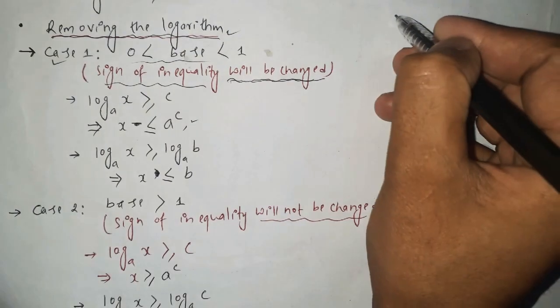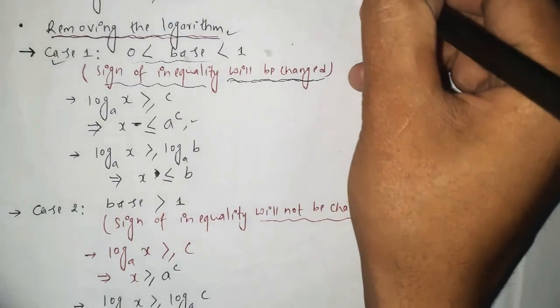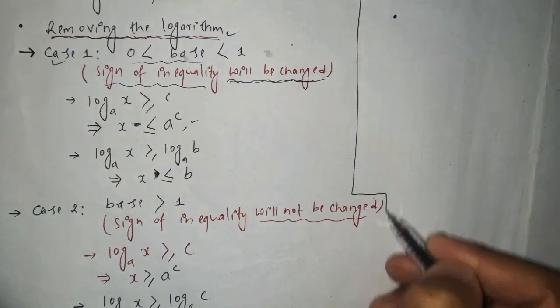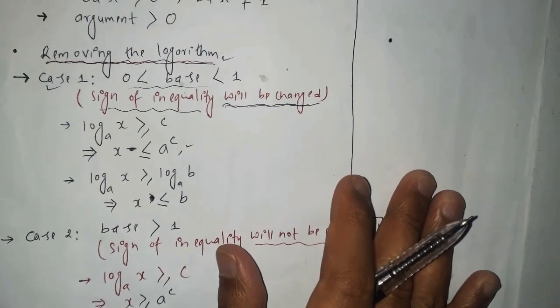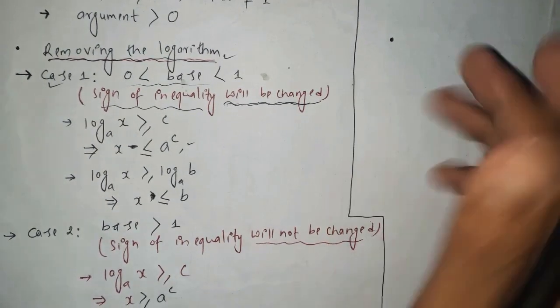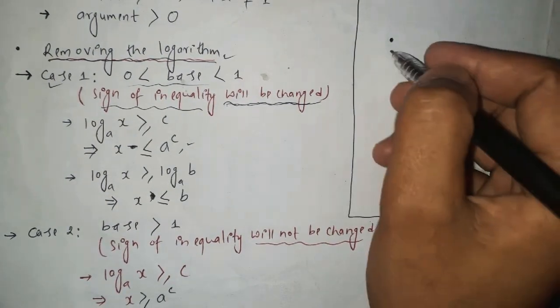And the third step, let me write it here. The third step while solving the logarithmic inequality is solving the inequality.